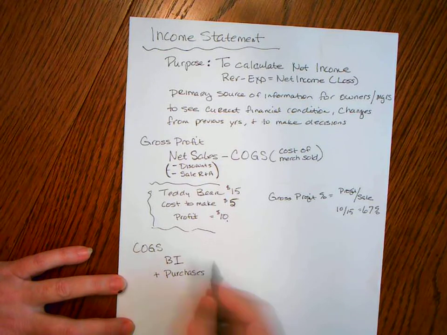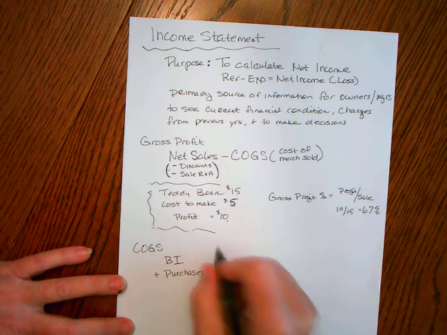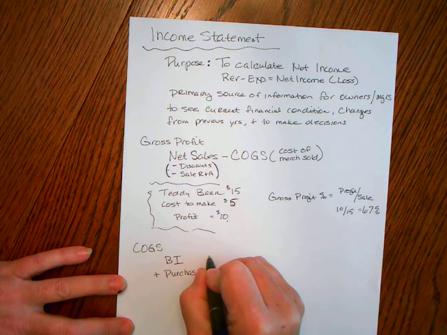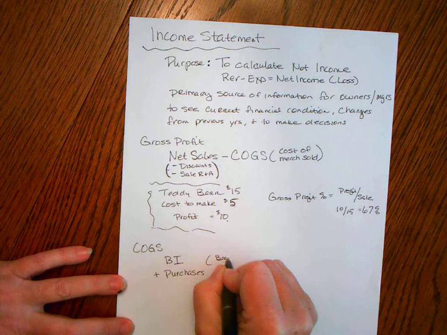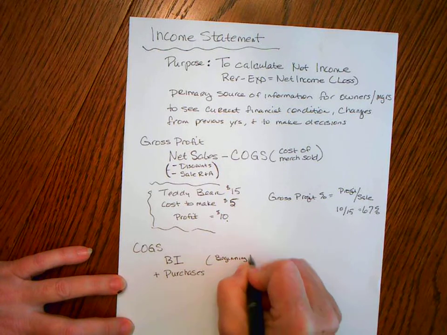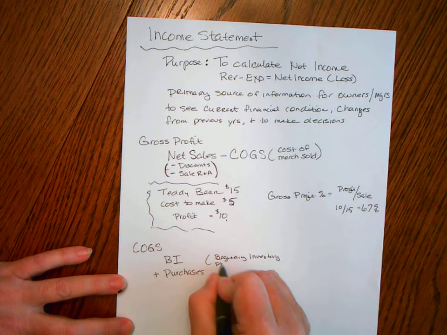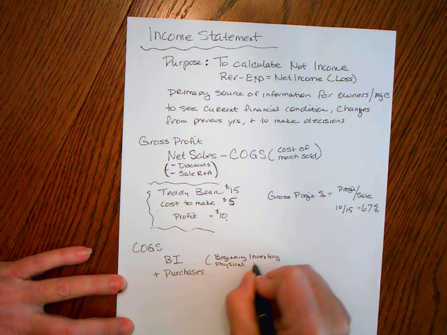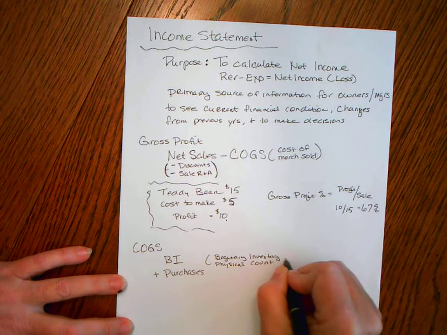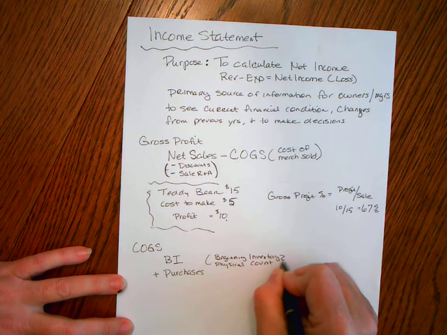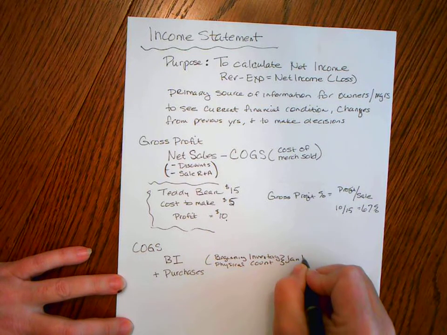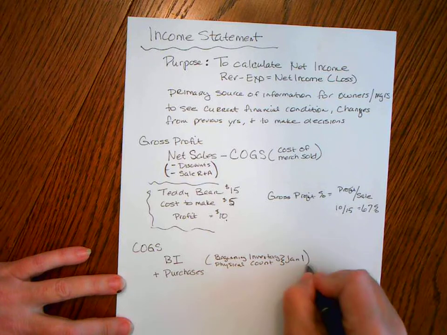Okay, so beginning inventory is that physical count from January 1, or the beginning of your fiscal year.